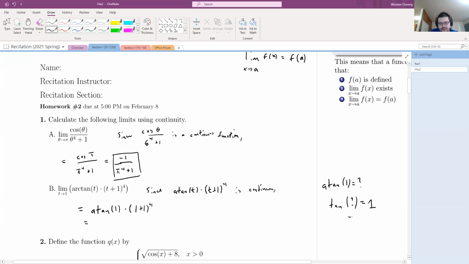So the answer that you hopefully get to is that the question mark should be pi over 4, and so arctan of 1 is going to be pi over 4. Okay. And then what is 2 to the 4th power? Well, that's just going to be 8, and so you end up with, no, not 8, sorry, 16.